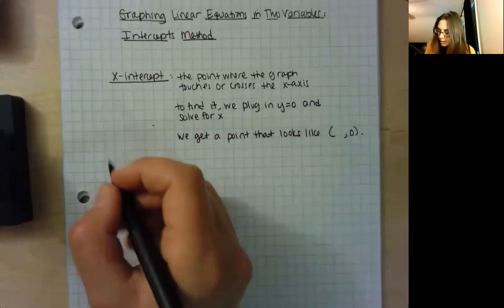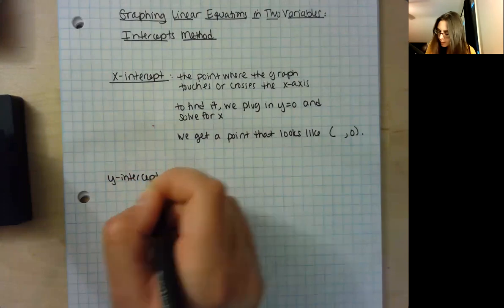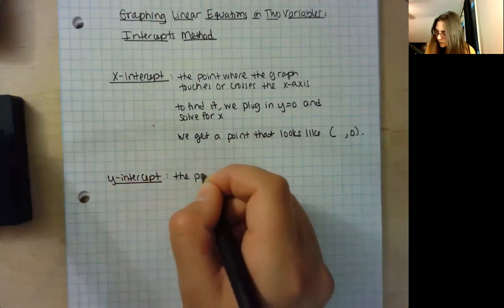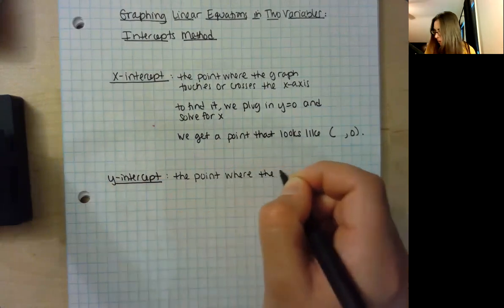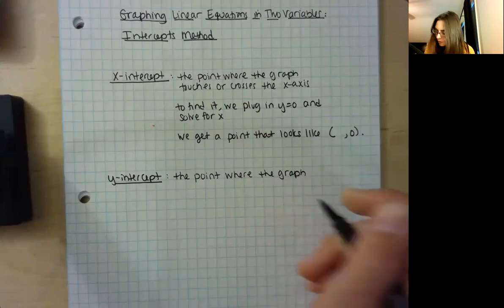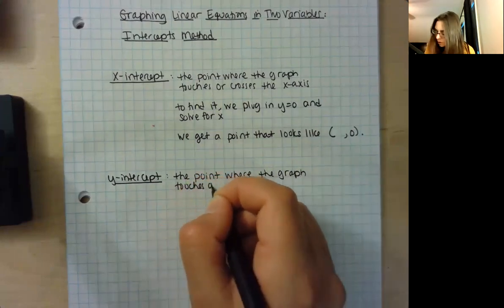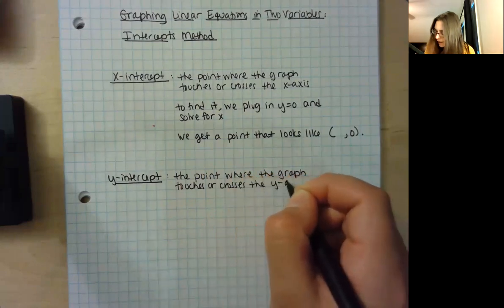Now your y-intercept is the other way. It is the point where the graph touches or crosses the y-axis.